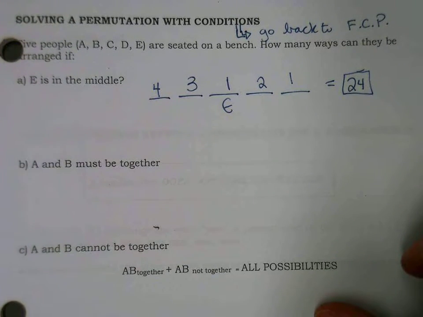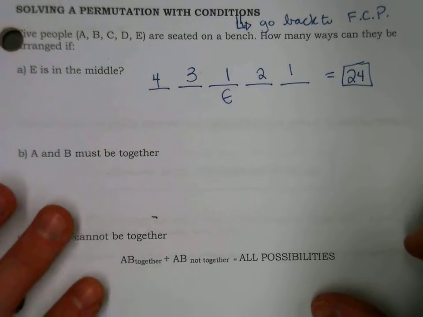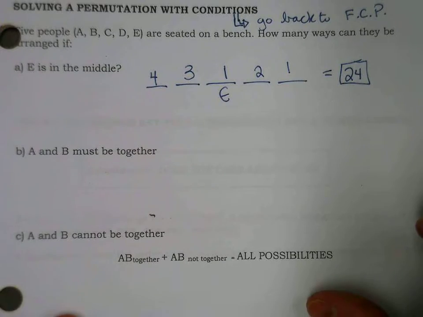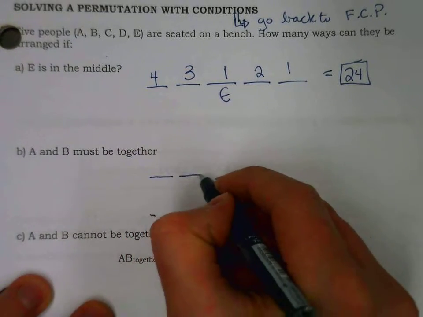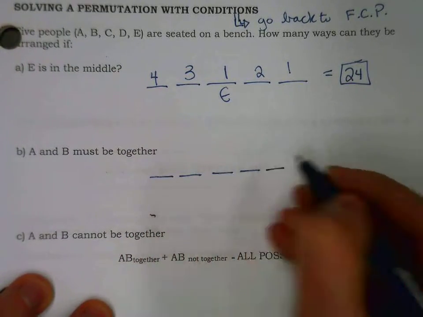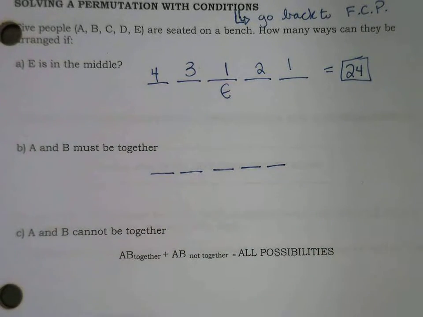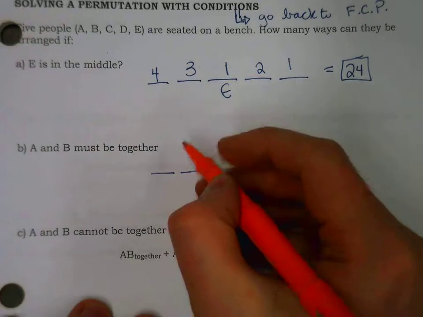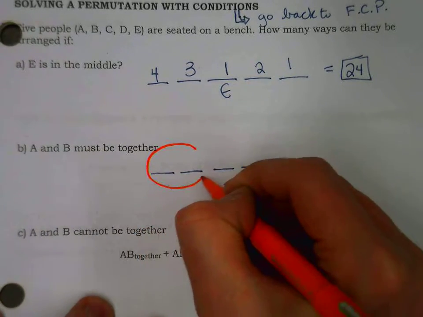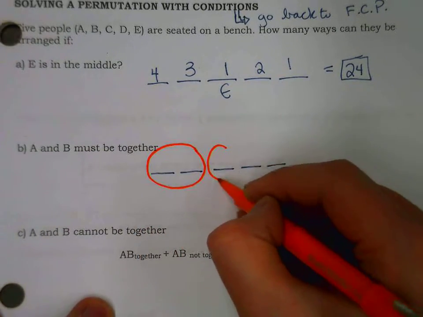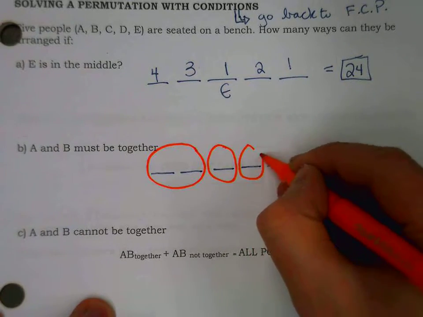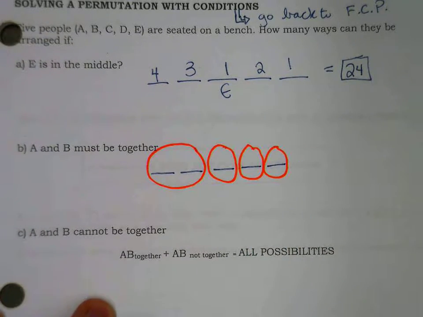What if person A and B needed to be together? So we've still got 5 seats, but the challenge with this is that 2 of these lines are sort of stuck together. It actually makes sense to consider 2 of those seats one object. I'm going to represent 2 seats as one object and the other remaining seats as their own object.